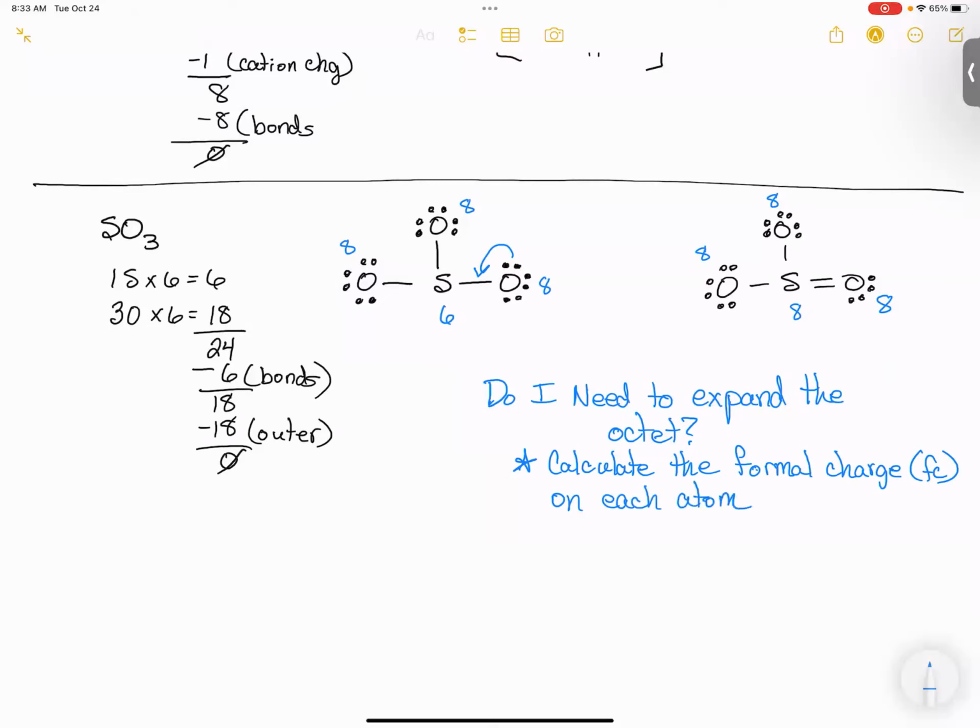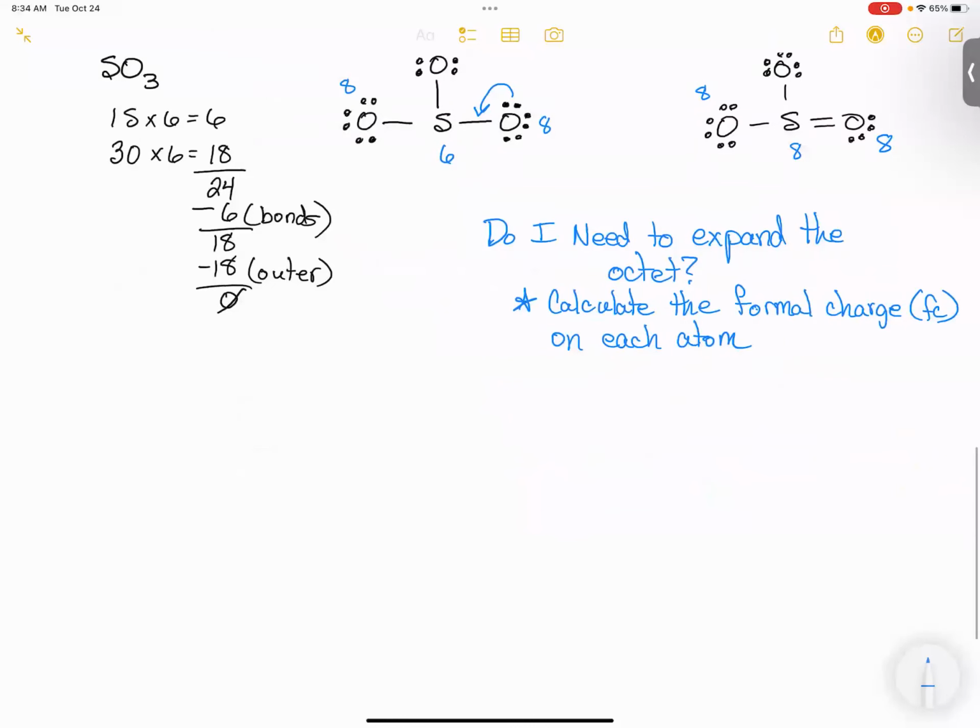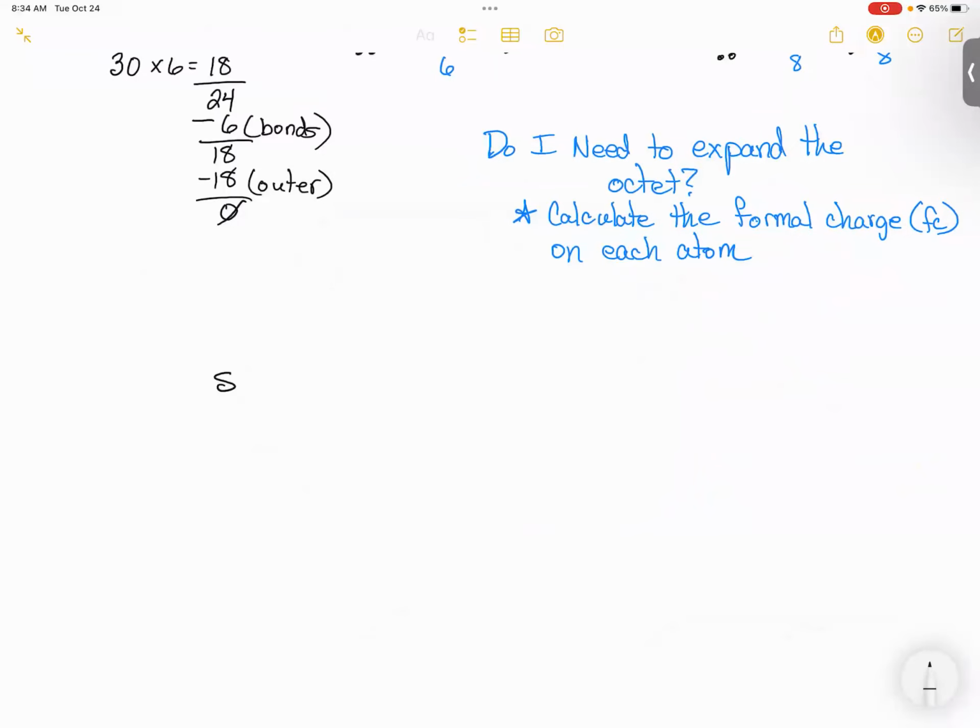Now, if you look at page 2, step 6, you will find the equation for calculating the formal charge. You will also, on that same page, find out how to determine whether or not you have the correct structure.